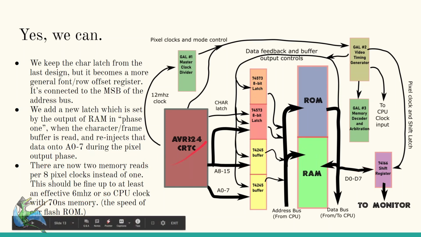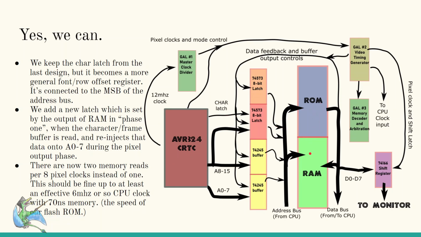But because it's separate, we no longer need to add the address times of these 2 chips together. Let's say we're reading from RAM for our frame buffer. The RAM I'm using is like 55 nanoseconds, so that would be good almost up to 10 megahertz.